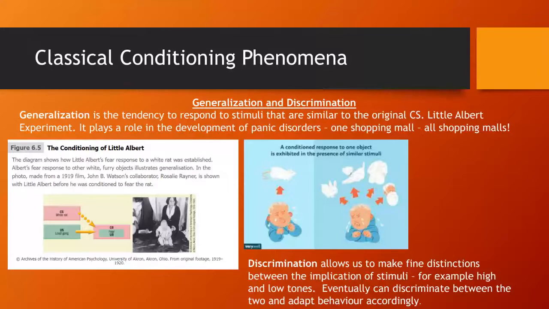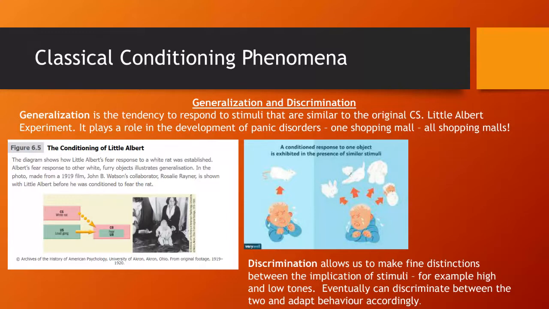So again, within that is generalization. The stimulus might not always be exactly the same, but we could also respond to stimuli that are similar. So it can be a generalization. Like the lady in the lake where the father drowned, she might have been conditioned to a lake, but suddenly her fear became all water, to the point where it can become involved in a panic disorder.